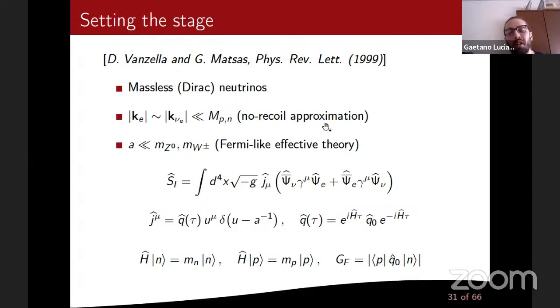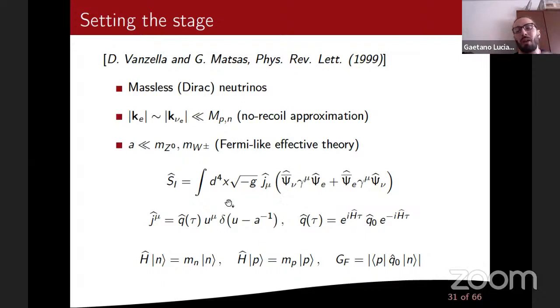They work in the non-recoil approximation, which means that it's possible to consider the proton-neutron system as moving along the uniformly accelerated hyperbola without any deviation from it. And then there is also an extra condition on the acceleration, which allows the use of the Fermi-like effective theory.